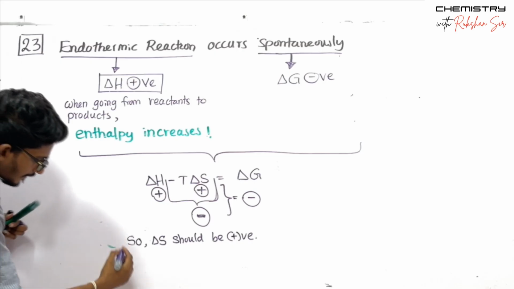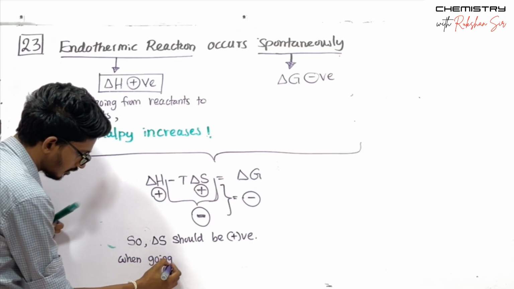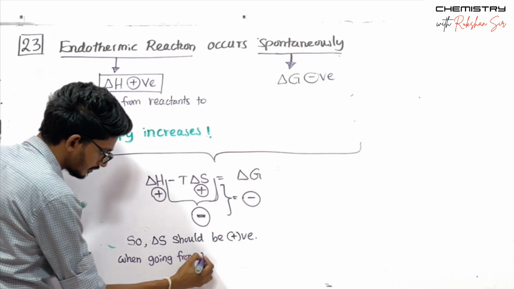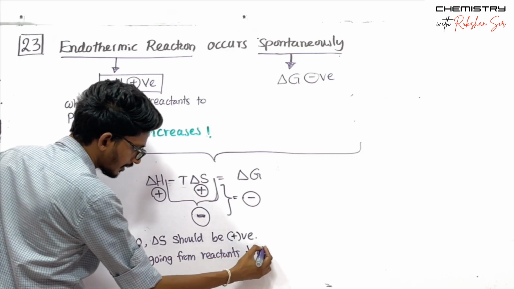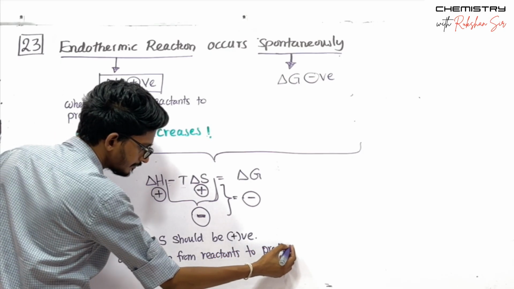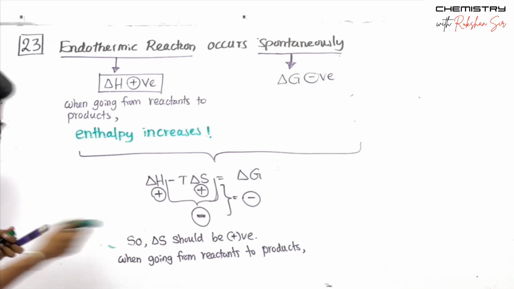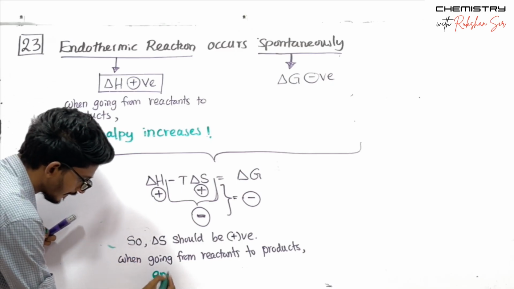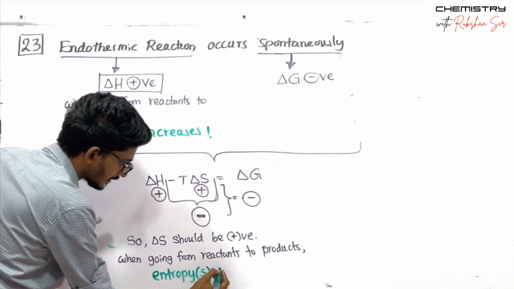Right? When going from reactants to products, entropy increases.